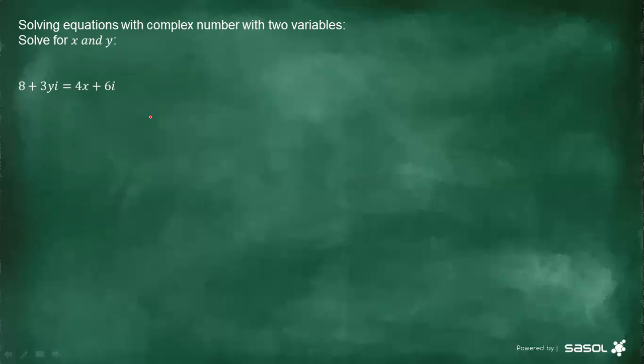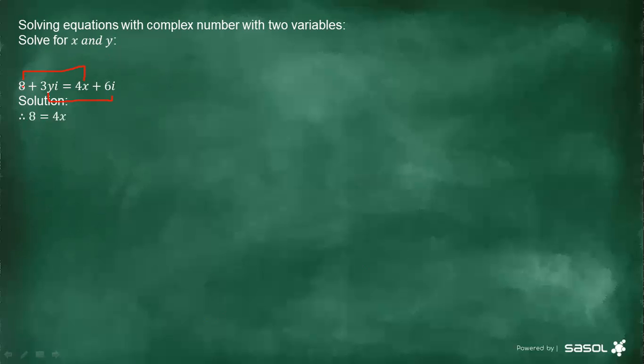Then you can solve the value of x and y. It's very clear from this question that this 8 is going to be equated with this 4x, and this one is going to be equated to this one, all right? Let's see the solution if that is the correct way.